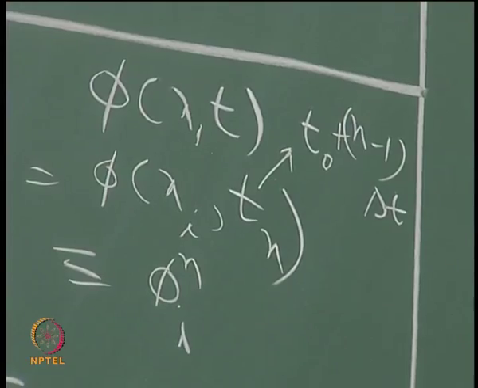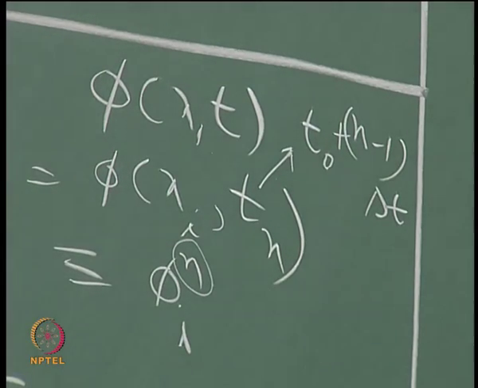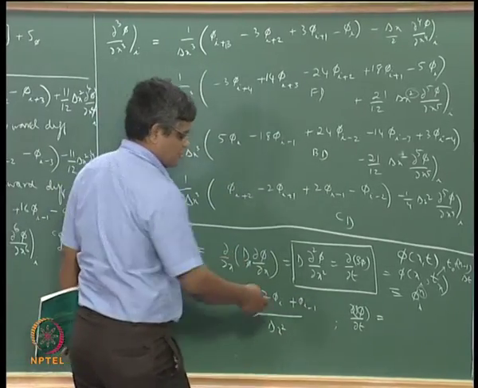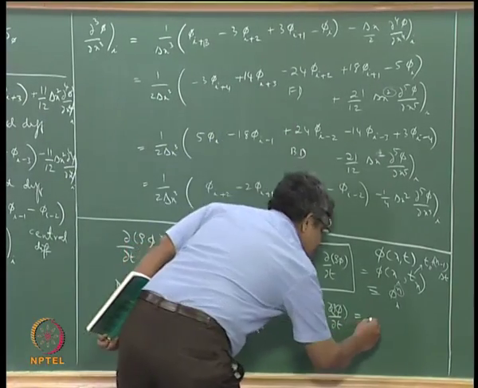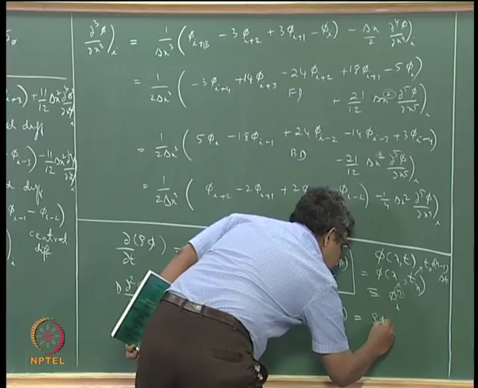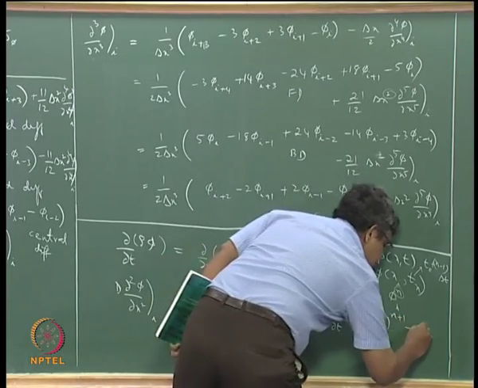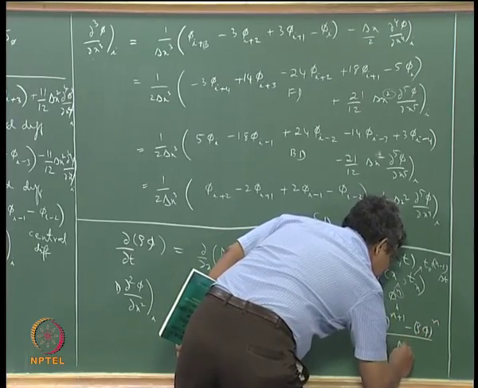With this notation and using the n here indicating the nth time step as a superscript, we can write our forward differencing approximation for dou phi by dou t as rho phi at n plus 1 minus rho phi at n divided by delta t.